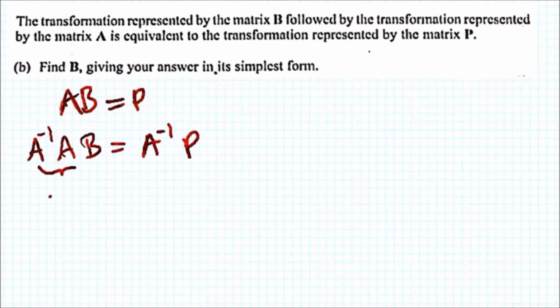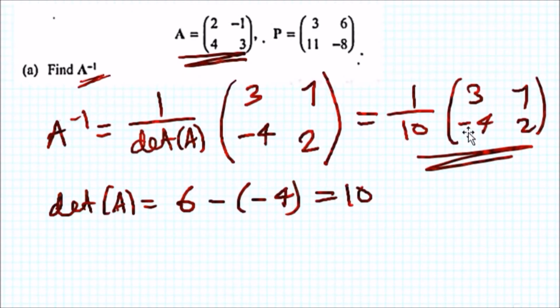So what we're going to have now is a matrix B, and we're going to multiply against the inverse of A, which we already obtained previously, and we know what P is. So both of these are here. The inverse of A, I've computed, was over here, whereas the P matrix is up here. So all we have to do is literally multiply, combine it, and simplify it. So let's have a go at this.